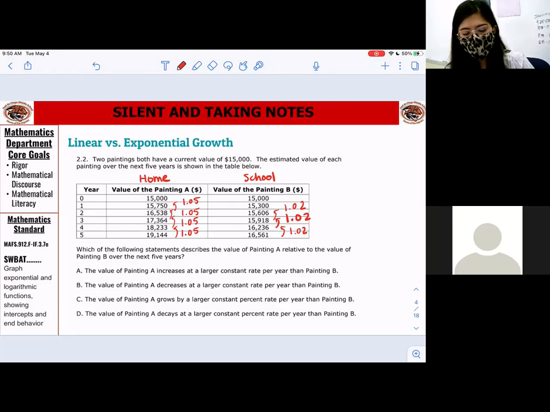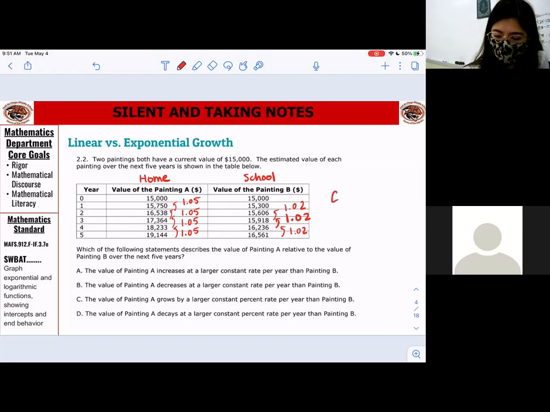And is it a percent rate or just a constant rate? Think about what type of function is it. What did we just prove? It's exponential, yeah. Since it's exponential, it's going to be percent rate. So putting it all together, value of painting A grows by a larger percent rate than painting B. That's the answer choice C.